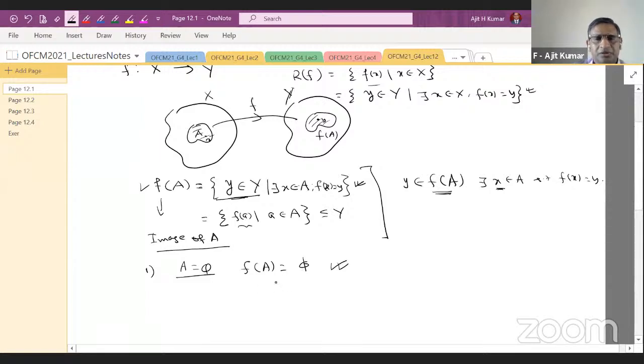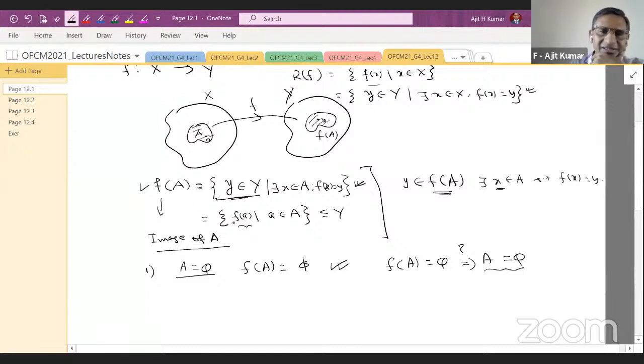What about the converse: if f of A is empty, can I say that A is empty? In case A is non-empty, what can you say about f of A? f of A will always be a non-empty set, isn't it?